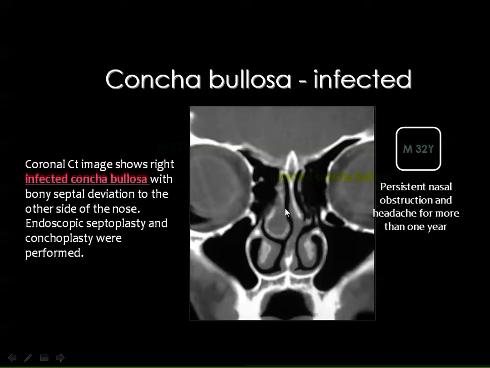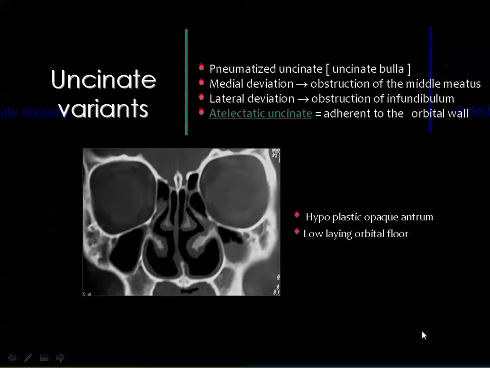The concha bullosa can be infected similar to the sinuses. Then you'll see that air will be replaced by secretions. Then you know that this is concha bullosa that is secondarily infected. And one of the variants concerning the uncinate process is that it can be pneumatized.